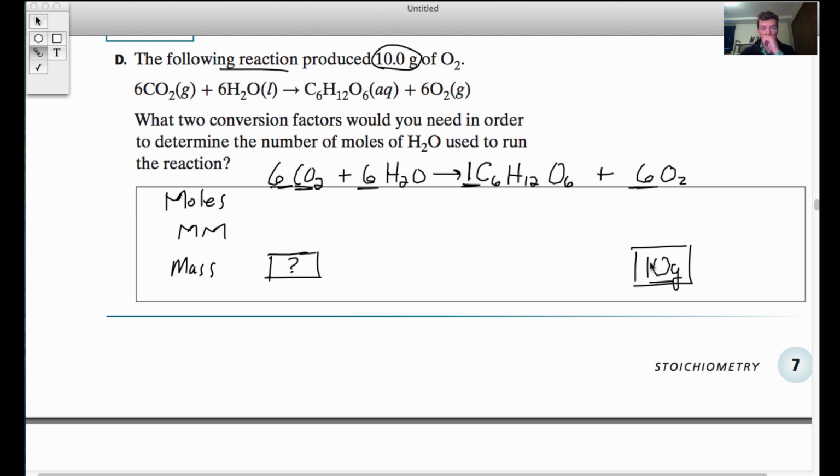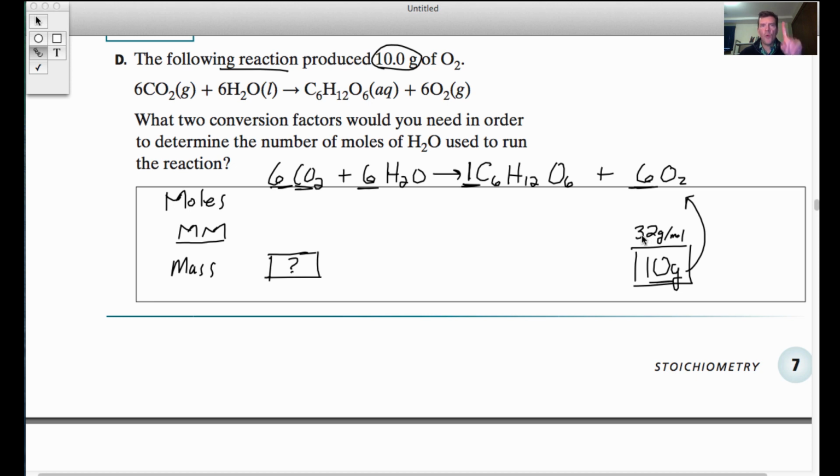So all you do is, remember, to go from one column to the next, you have to use the mole ratio. So I've got to get to moles first. I have to go from here to there. How do I do that? I use the molar mass. So I need to know the molar mass of O2. Well, the molar mass of O2 is 32 grams per mole. So if I've got 10 grams, that obviously is not 32.